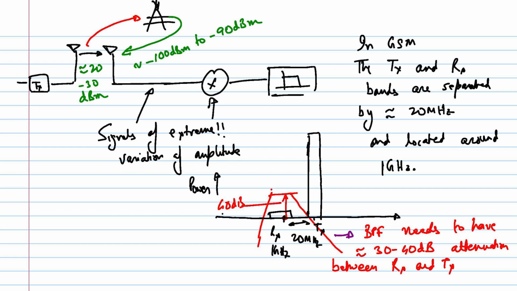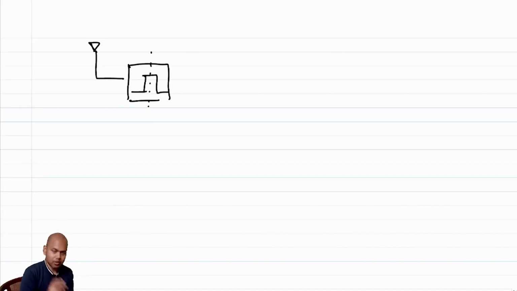So I'll just put a SAW filter. It's called a SAW, surface acoustic wave. So we typically put a SAW filter which is centered around the center frequency of the received band.